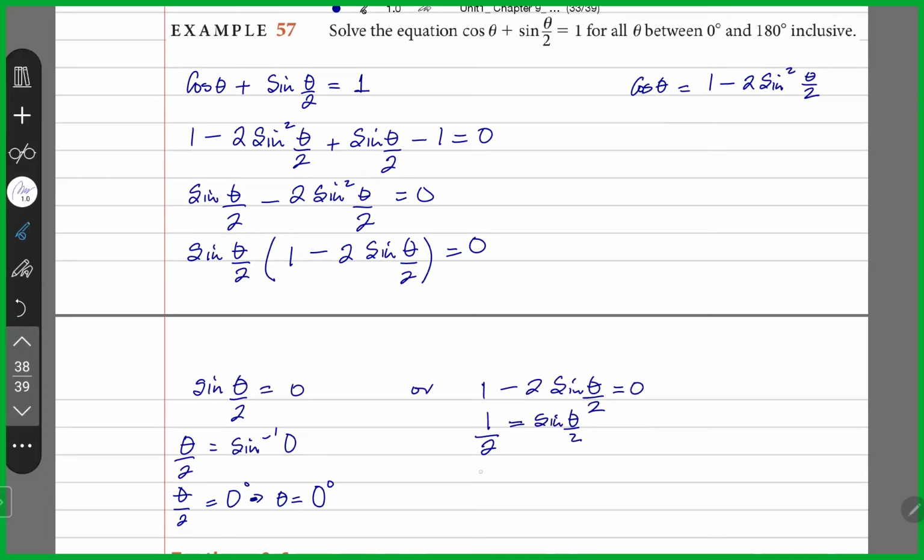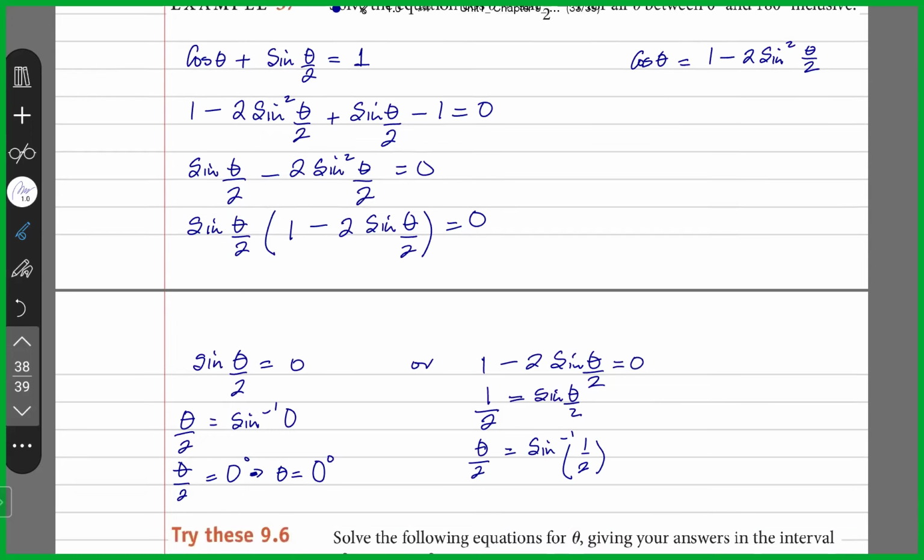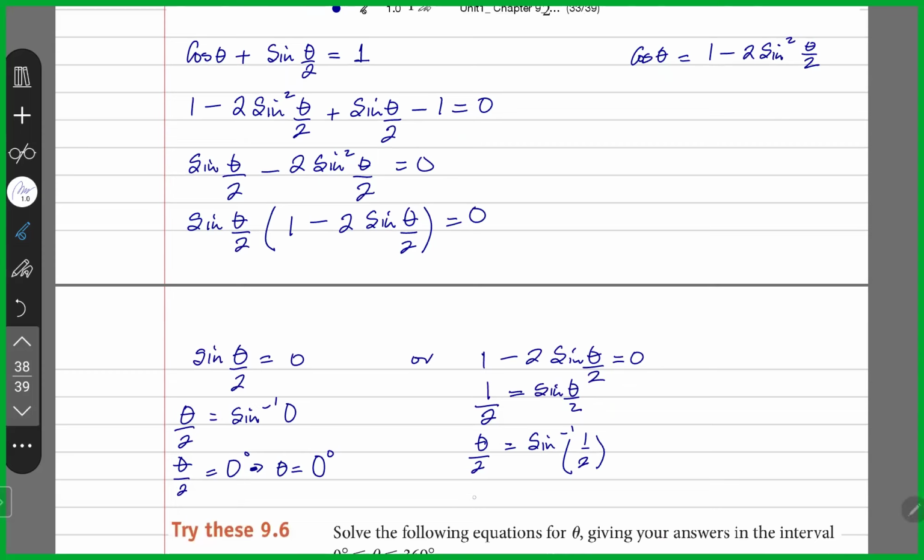Here, theta over 2 is equal to sine inverse a half. Remember, I told you I only want answers in the first quadrant, because in order to find out what theta is, I'm going to have to multiply it by 2. So this would be 30 degrees.